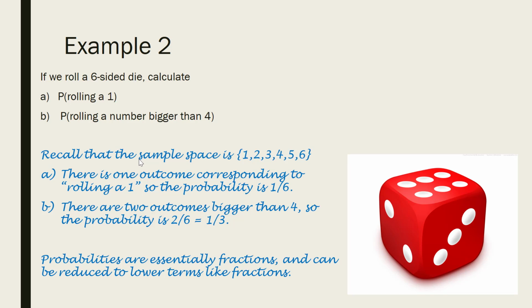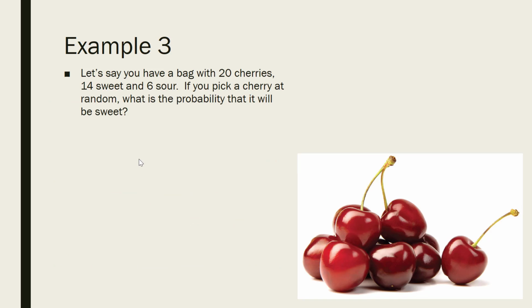So you'll notice that probabilities are essentially fractions. So they can also be reduced just like fractions can be reduced to lower terms. Here's example 3. Let's say you have a bag with 20 cherries, 14 are sweet and 6 are sour. If you pick a cherry at random, what is the probability that it will be sweet?